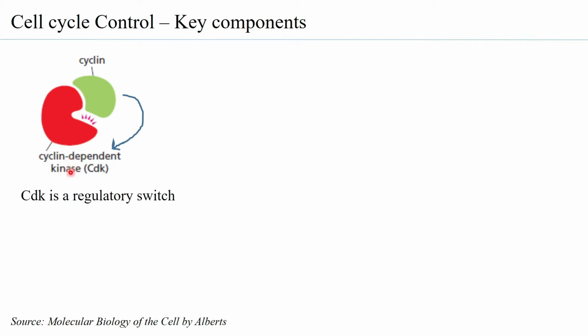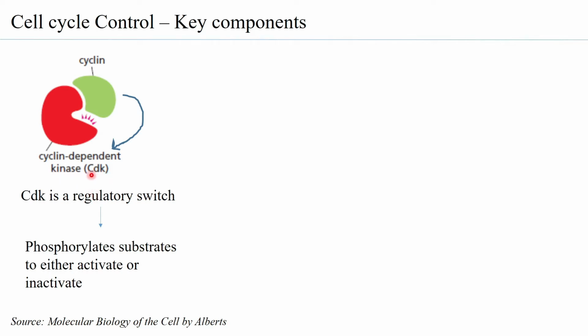When you say a regulatory switch, we've already understood that it is a binary switch. So either it is switched on, it is active, or it is inactive. Now, how does CDK itself function? When CDK has to activate other substrates, being a kinase, it has the onus of phosphorylating its substrates.